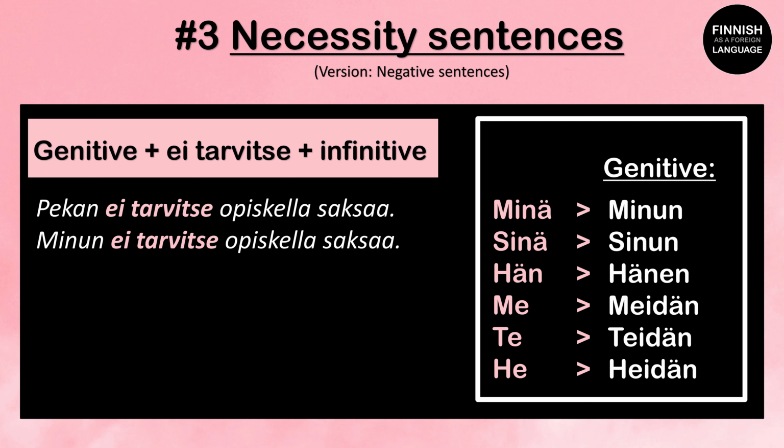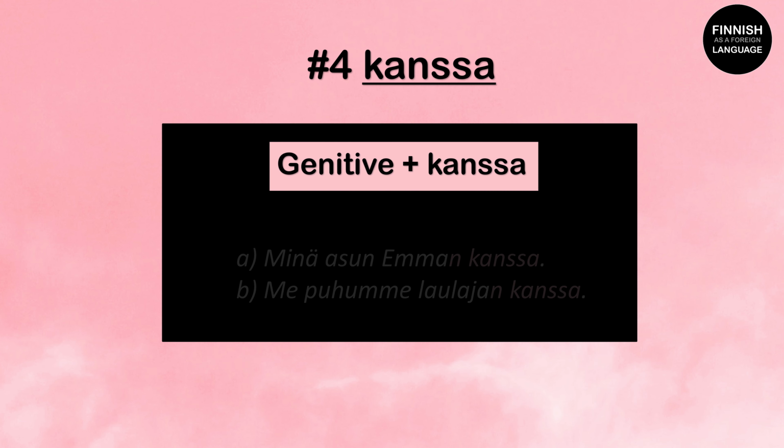Great, that's it. Now the next situation is when we want to express with someone. In Finnish it is the genitive case plus kanssa. Here are some examples. Minä asun Emman kanssa means I live with Emma. Minä asun means I live and Emman kanssa means with Emma. One more example.